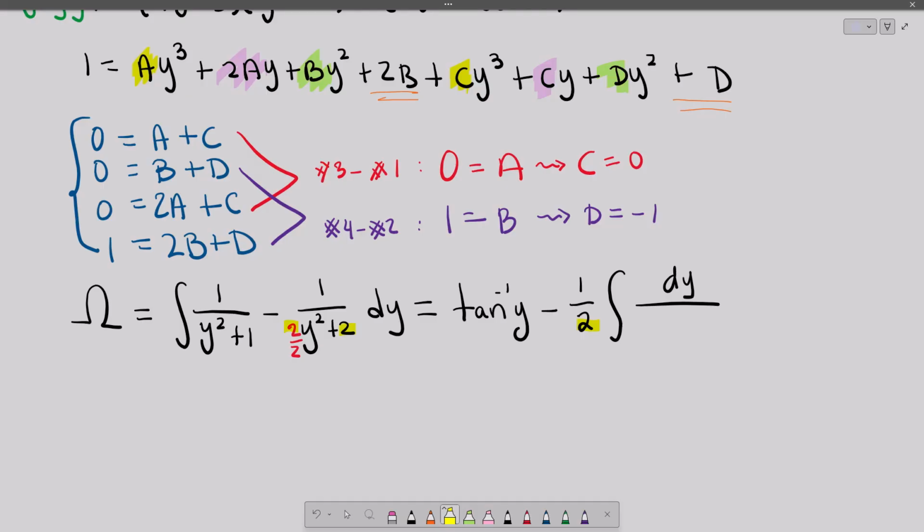And then we need to write this as a square plus 1. And what is the square going to be? Y over root 2.